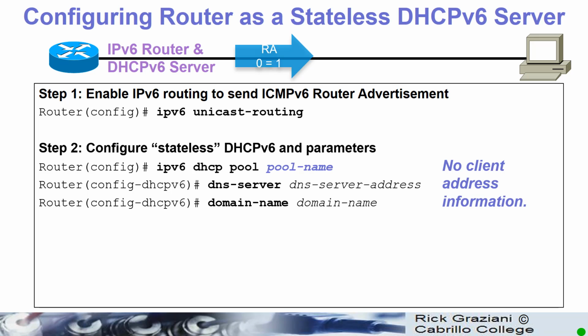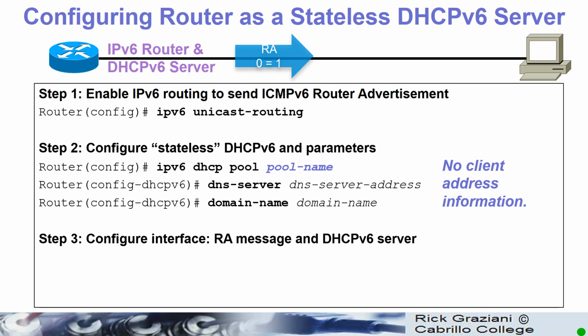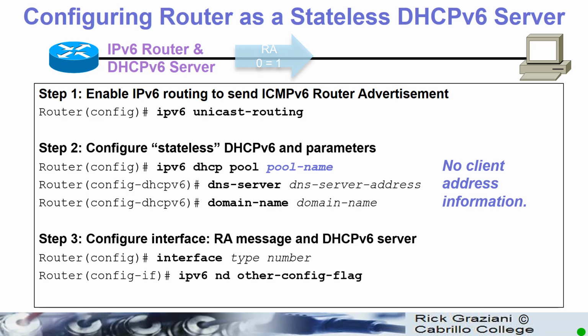No client address information will be listed here. Then we're going to configure the interface that the message will be sent on. Interface, again, the name of the interface. Again, ipv6 nd other-config-flag. That will set the other options to option 1.